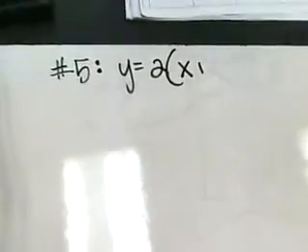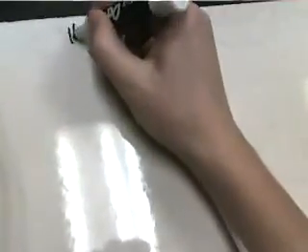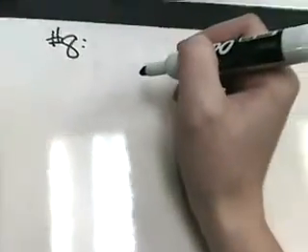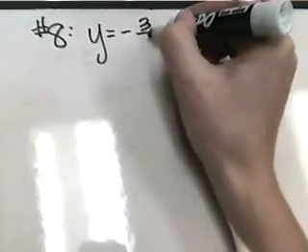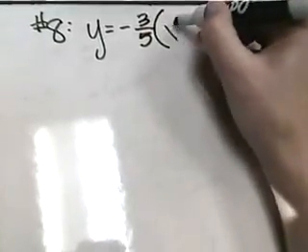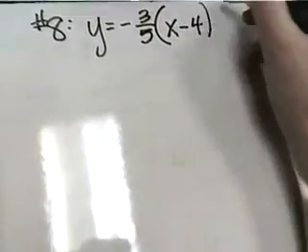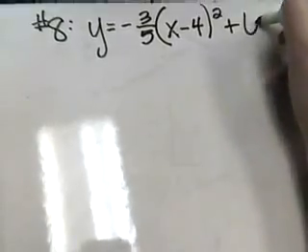You know what? I changed my mind. Let's do number 8. Sorry about that, guys. So we've got y equals negative 3/5 times the quantity of x minus 4 squared plus 6.